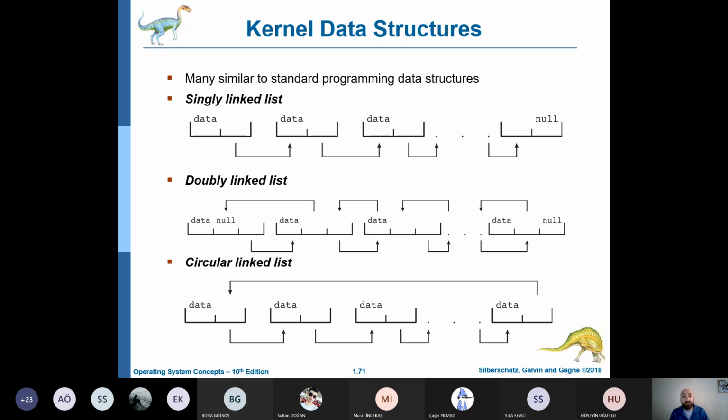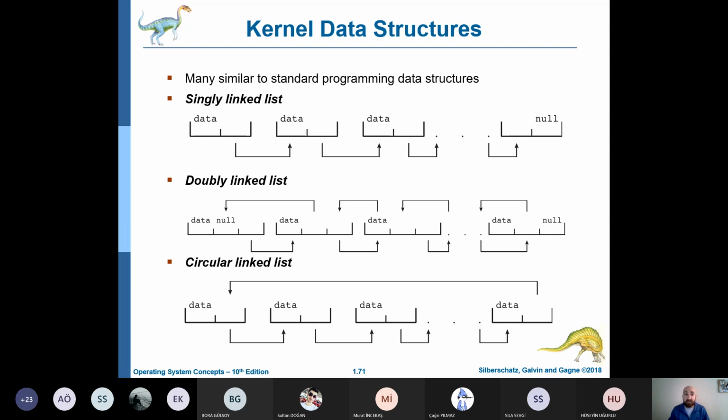We turn next to a subject central to operating system implementation, the way data are structured in the system. In this section, the textbook describes data structures used extensively in operating systems. Actually, they're based on C programming, and we already covered lots of them in our algorithms and programming course.